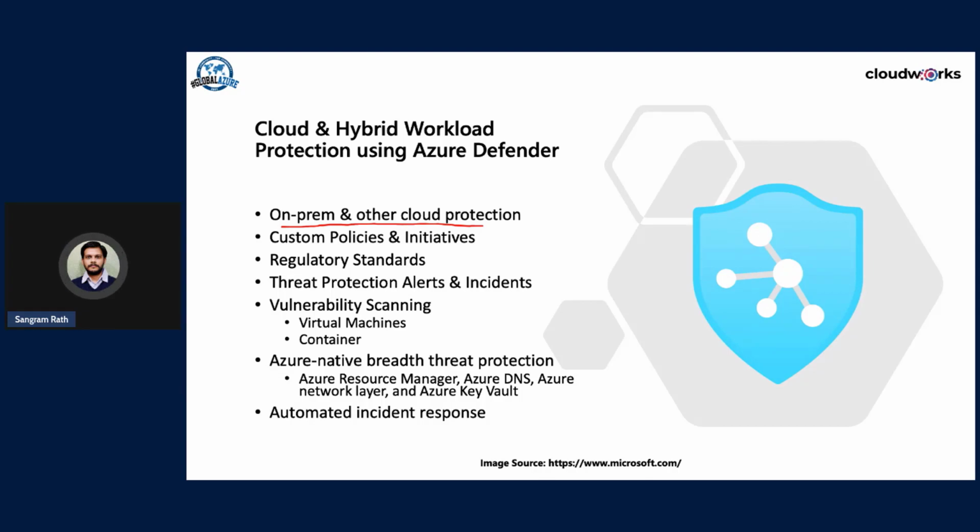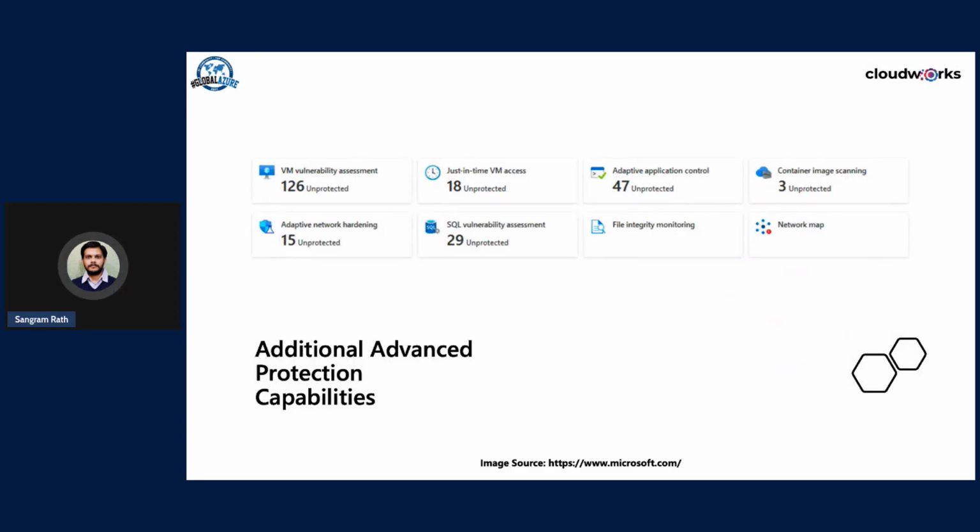And as I was mentioning earlier, obviously we have the automated incident response capability where you are able to define workflows that can be executed when there is a security incident. So these are some of the high-level capabilities that you have with Azure Defender. Apart from this, we also have features like just-in-time access to virtual machines, which I'll talk a bit about.